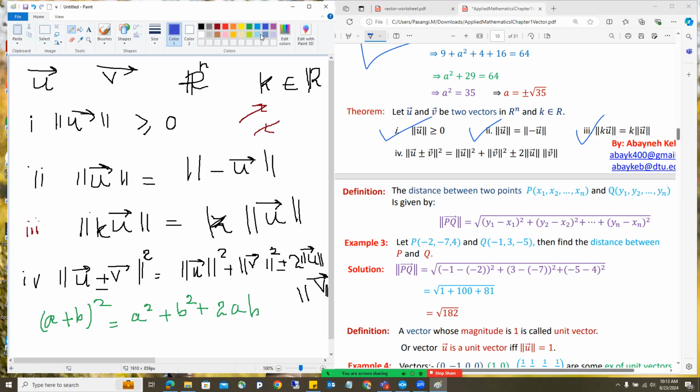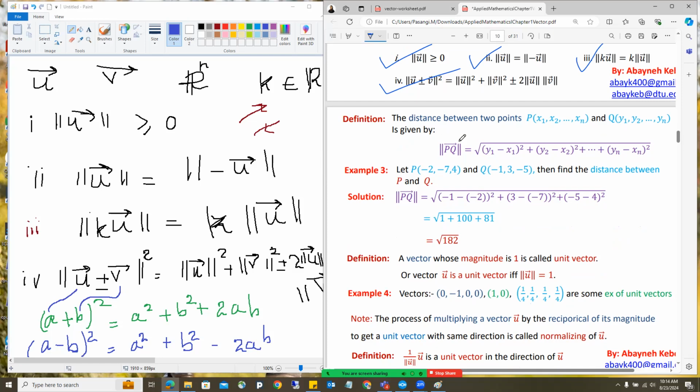So then if we have a minus b squared, a minus b squared is a squared plus again b squared minus 2 times ab. So the same thing, this a has been replaced by the vector u, this b has been replaced by the vector v. Is it clear? Yes. Okay. Now that's up to this point. We are done with that part.